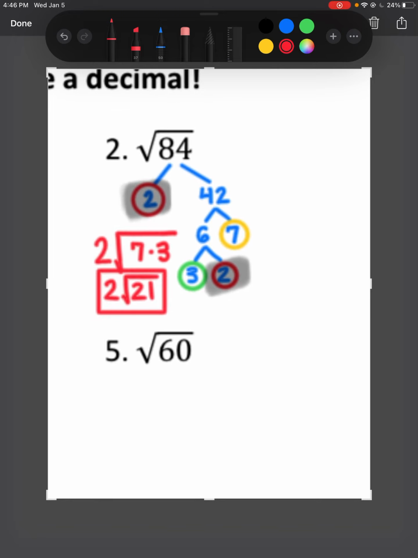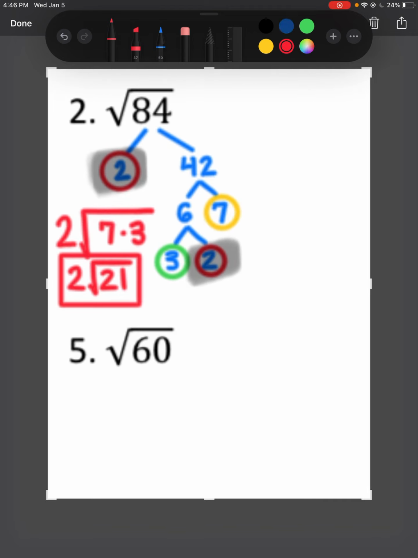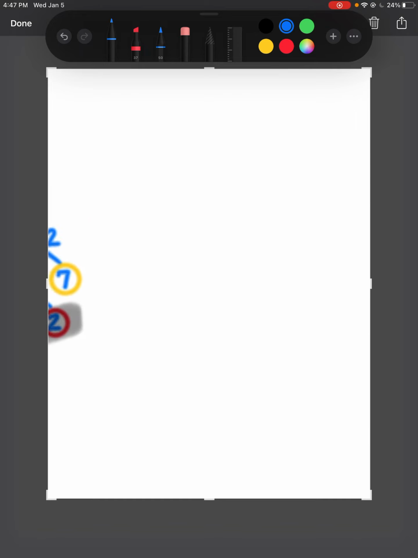All right, so another way you could have gone about this question is you try to think of the largest perfect square number that will go into 84. So when I'm talking about perfect square numbers, I'm talking about 1, 4, 9, 16, 25, 36, 49, 64, 81, and 100, and so on.